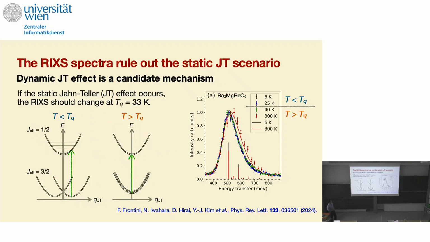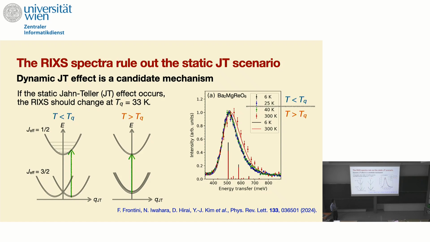For example, if we assume a static Jahn-Teller deformation below the quadrupolar transition, and we expect such a deformation, and the system is somewhere here, and we observe transitions, under this situation we can see a symmetric peak like in the conventional Franck-Condon scenario.